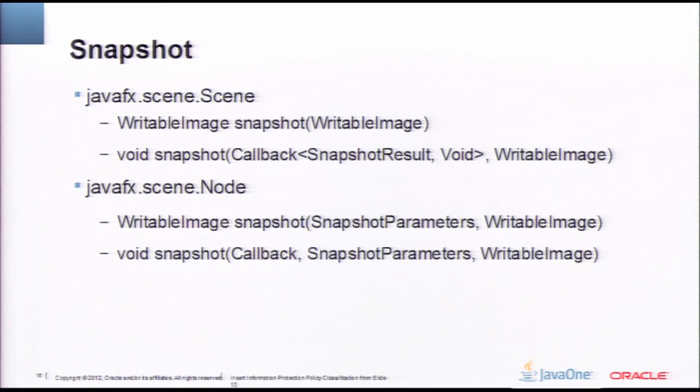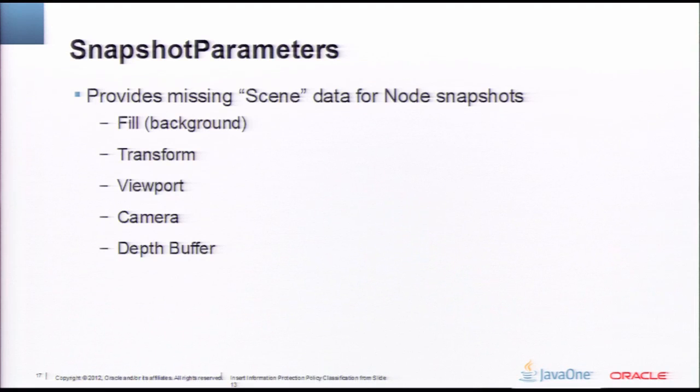The only other difference between the scene and the node methods is that the node doesn't have a lot of context we get from the scene, so you supply that context in a parameter called a snapshot parameters object, and it basically contains the data that would have been in the scene: the transform that came from all of your parents from the scene down to that node, the fill that you have gotten from the scene, the camera you would have gotten from the scene, the depth buffer Boolean, which tells us whether there's a depth buffer needed, and a viewport, which would have been essentially the data we got from the stage.